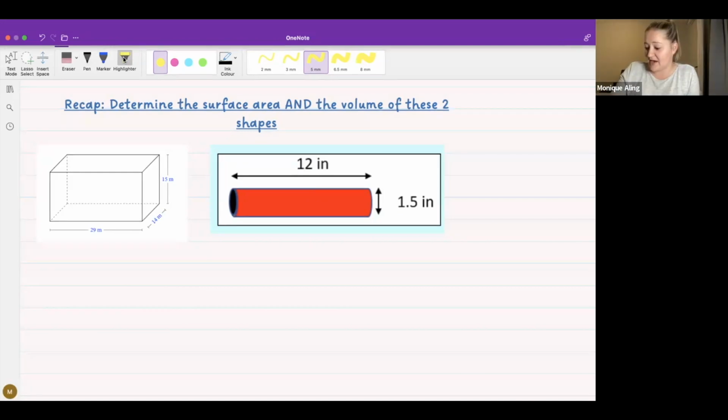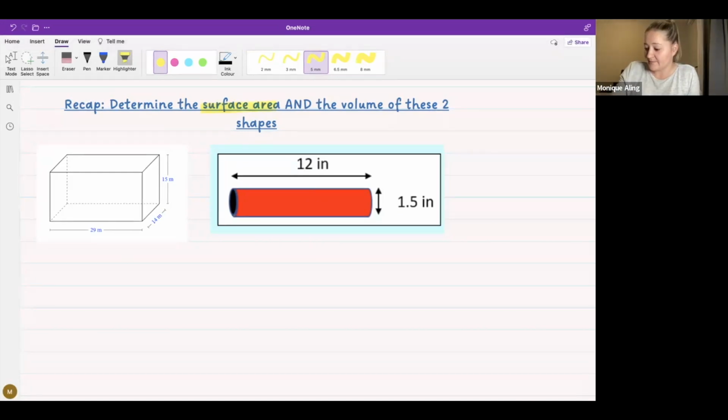So surface area and volume of these two shapes. Okay, a reminder, formulas are given to you. So I'm going to give you the surface area formula.